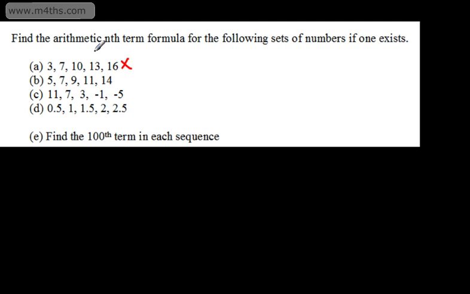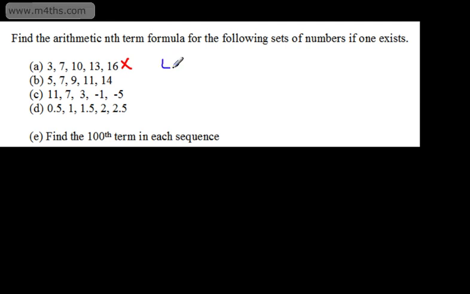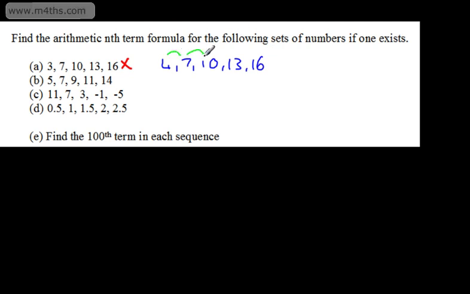If we said now, for example, this one was going to be 4, 7, 10, 13 and 16, let's go ahead and change that over, we'll make it arithmetic. We'll have 4, 7, 10, 13 and 16. We can see that this is increasing by a fixed amount each time. It's going up by 3.